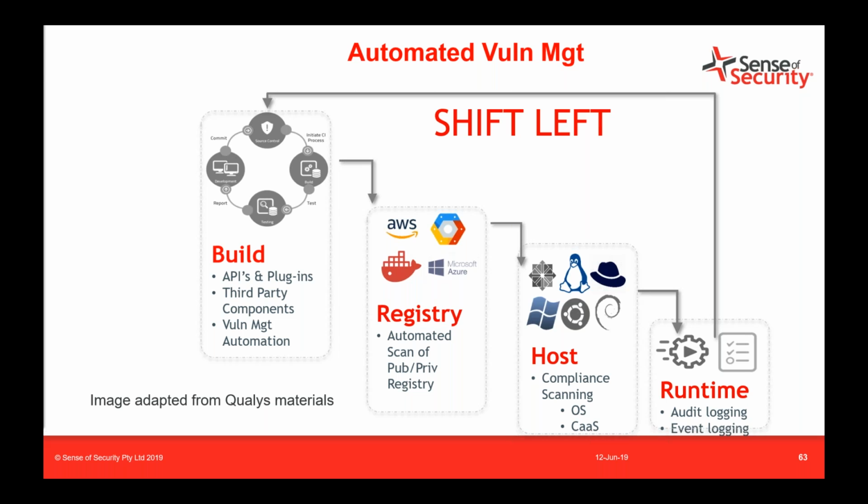And ultimately, when the container itself is running, it requires visibility at runtime, which means that you have to be able to perform audit logging and event logging on demand at runtime while the container actually doesn't operate for an extensive period of time. So your visibility in this case needs to incorporate everything from the build, registry, host, and the runtime.